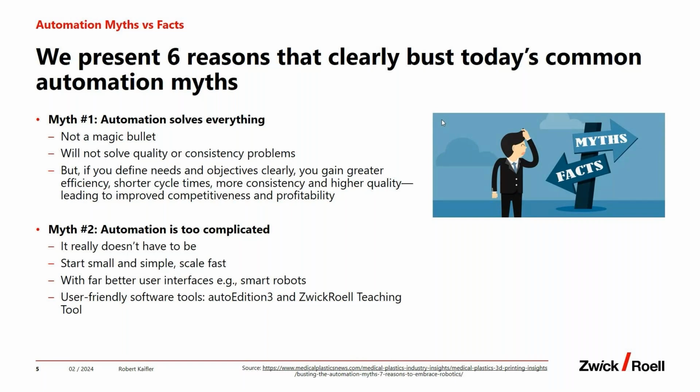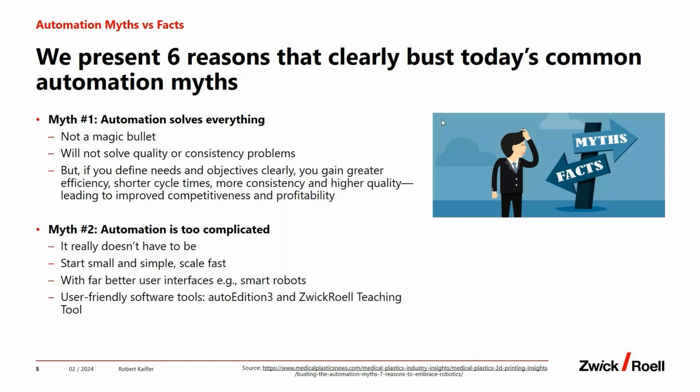Definitely automation is not a magic bullet, and it will not solve quality or consistency problems. It will make them pop up more obviously, but it will not solve them. But if you clearly define the needs and objectives, that will lead you to efficiency, shorter cycle times, more consistency, higher quality. This is the consequence, but not the first shot.